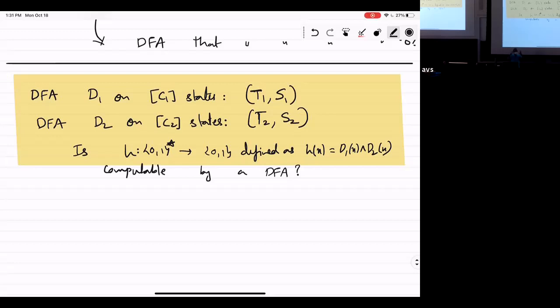Exactly. So think of yourself as a DFA. Imagine there's one person who is simulating the behavior of the first DFA, that's one box. And there's another person whose mind is the second DFA.